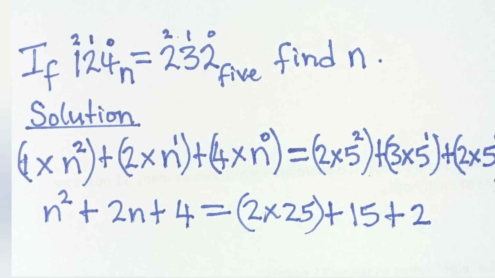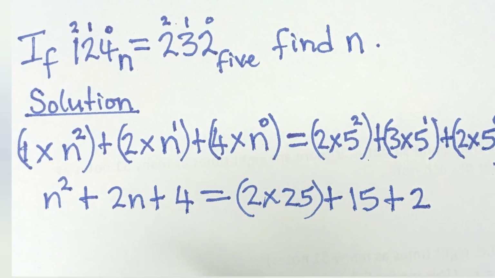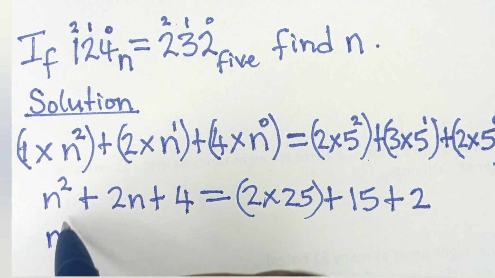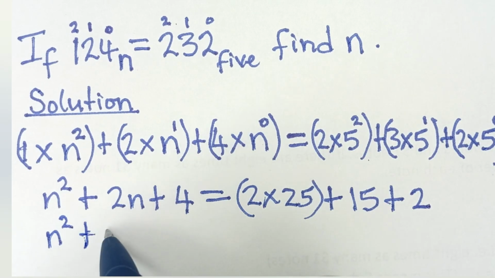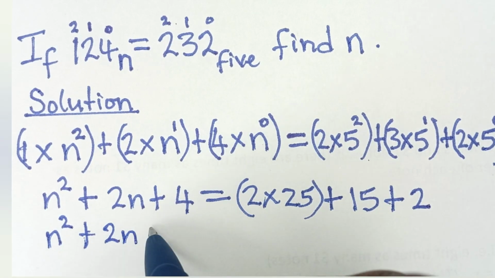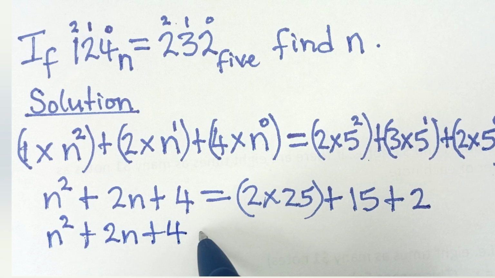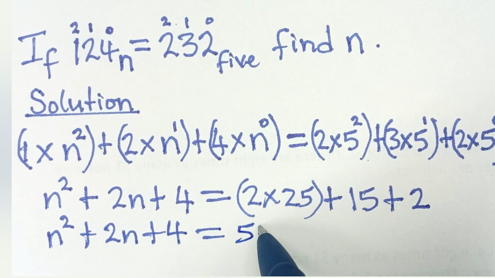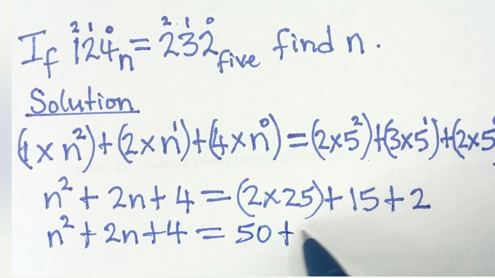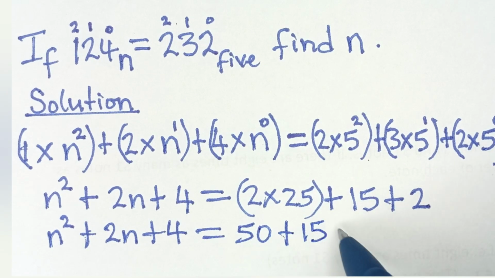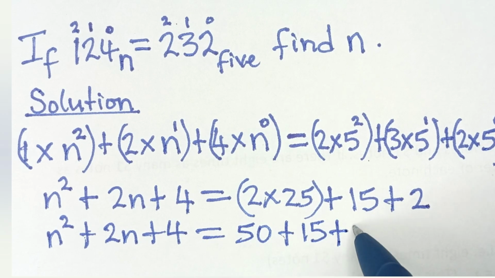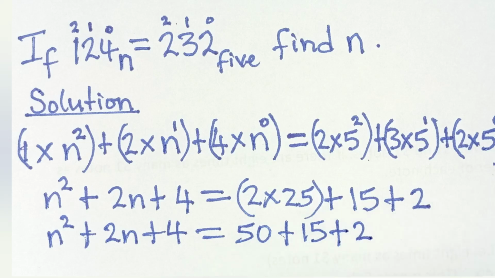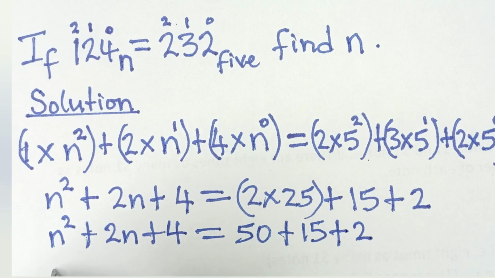From there we can simplify further now. So I have n squared plus 2n plus 4, and that will be equal to 2 multiplied by 25 is 50, plus 15, and then plus 2.